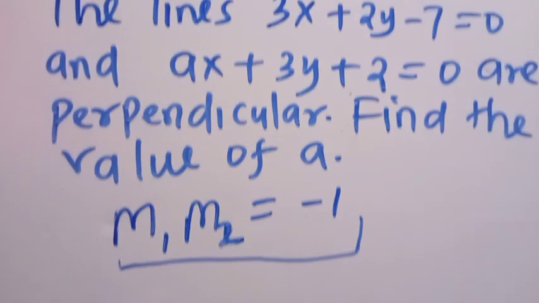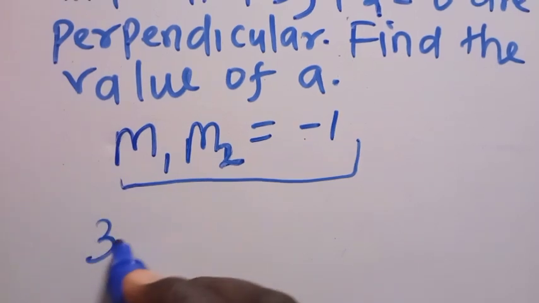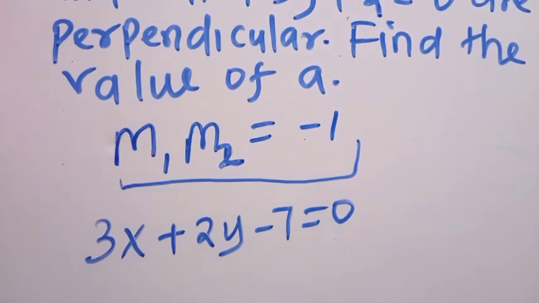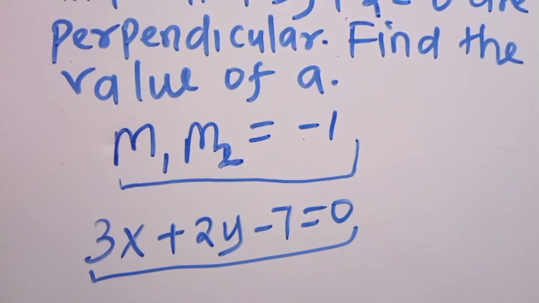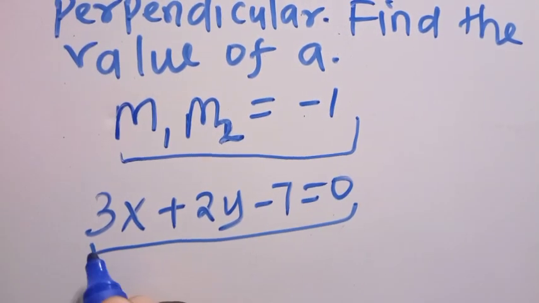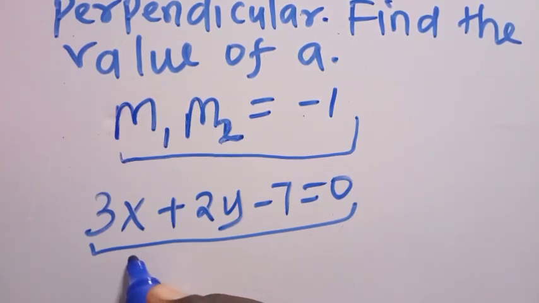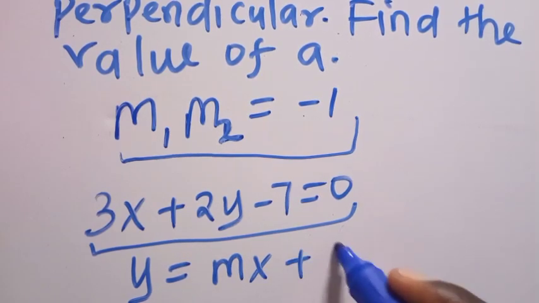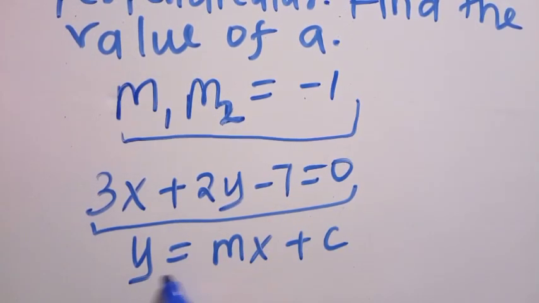Now, we have the line 3x + 2y - 7 = 0. For us to find the gradient of this line, we have to write the equation in the form y = mx + c, so that we can determine its gradient.